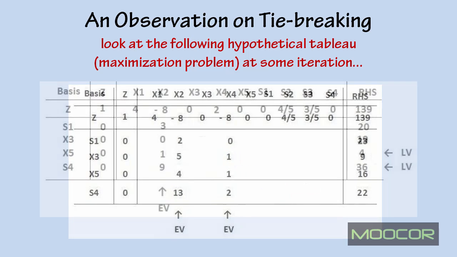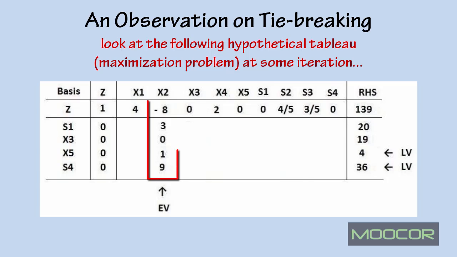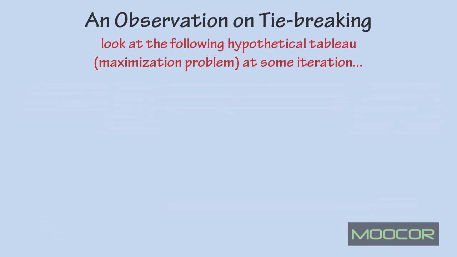In this case, x2 is an entering variable, but I have a tiebreaker for the leaving variable. Which one should I choose? Should I choose 1 as my pivot or 9 as my pivot? Certainly 1 is easier to process. Now there is no guarantee that the result will be faster, but if you have to perform just one iteration, it's better to use those.